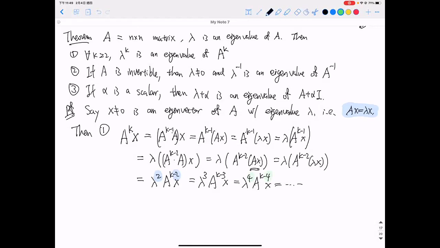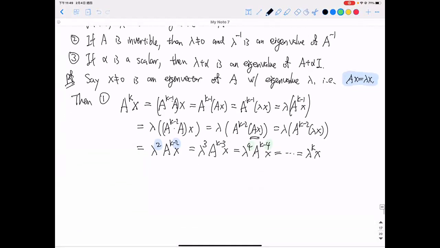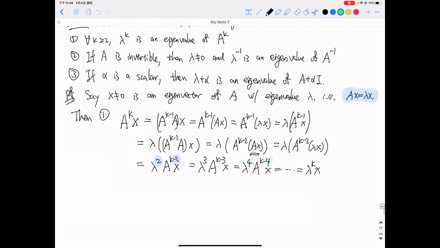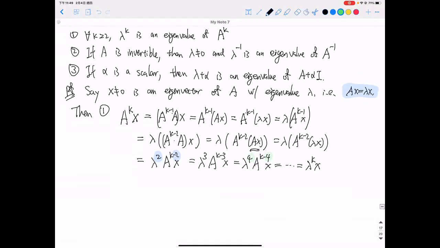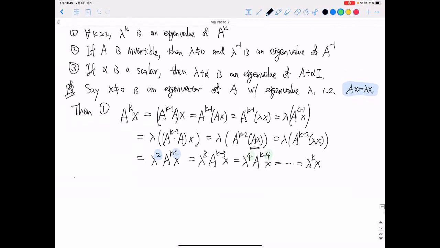So in the end, you've used up all K copies of A, and you get lambda to the K-th power times X. This is saying that, having a non-zero X making this happen, lambda to the K-th power is an eigenvalue of A to the K-th power. Okay.